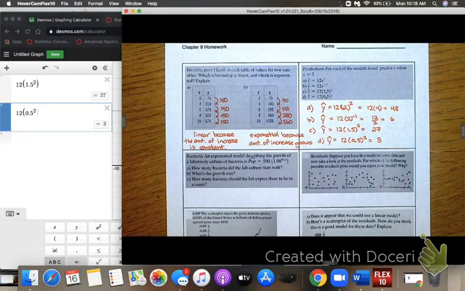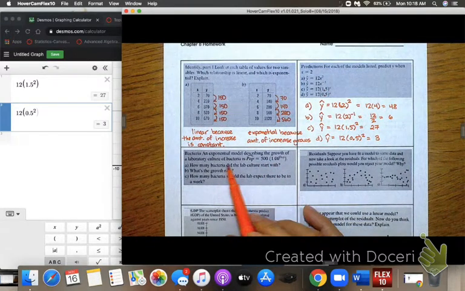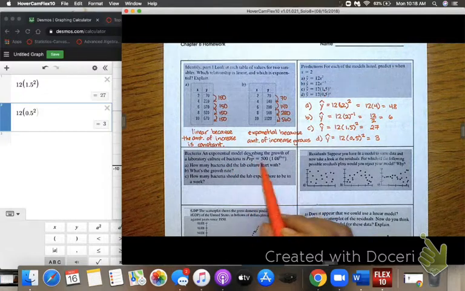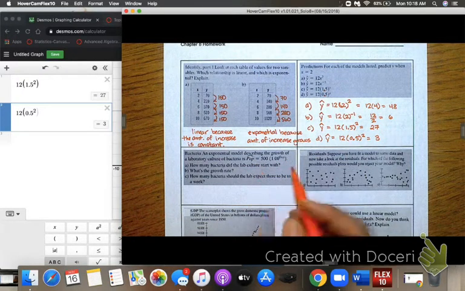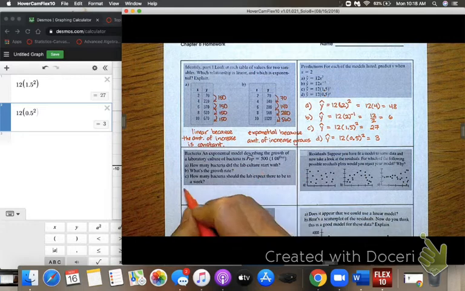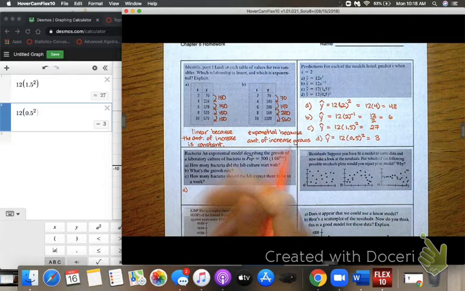It says bacteria, an exponential model describing the growth of a laboratory culture is that the expected population equals 500 times 1.06 raised to the day. How many bacteria did the lab culture start with? Remember, the starting point, we'll call it day 0, where that's the beginning.